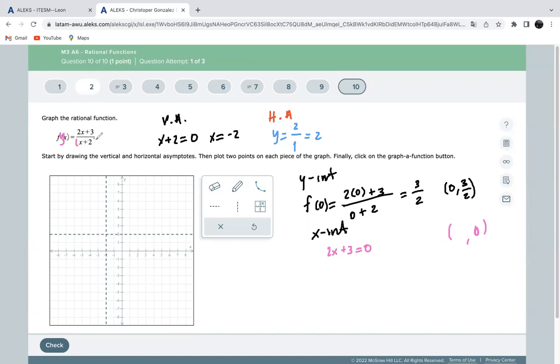Because if you set that fraction equal to 0, once you multiply everything by x plus 2, you're going to end up with 0 times x plus 2, and basically with 2x plus 3 equals 0.